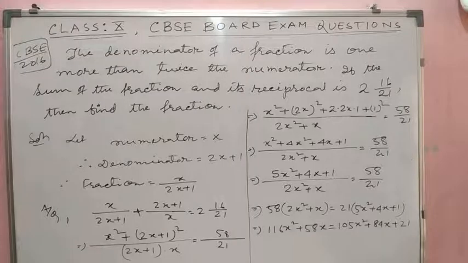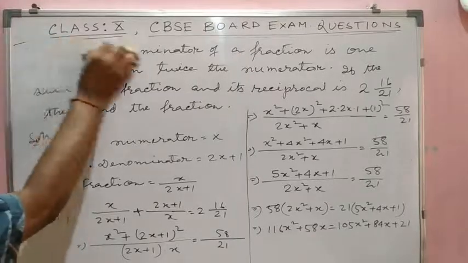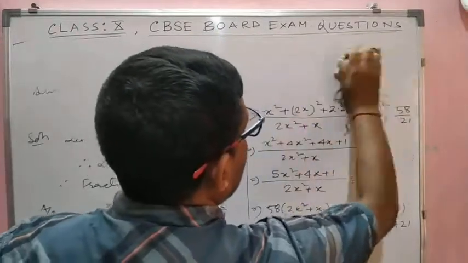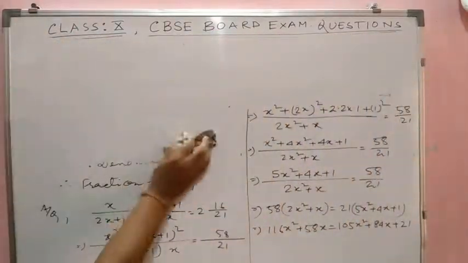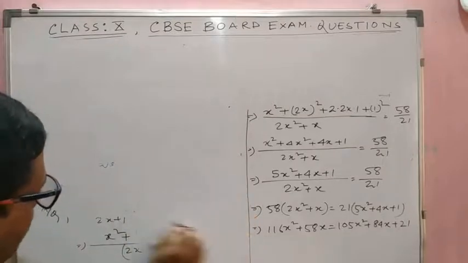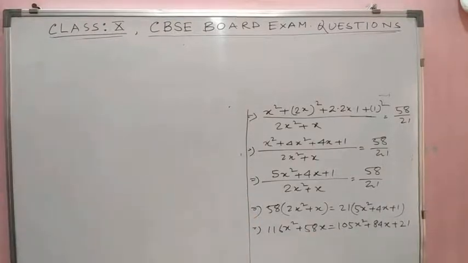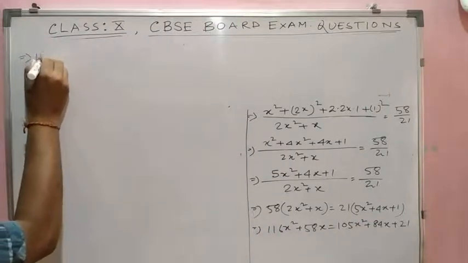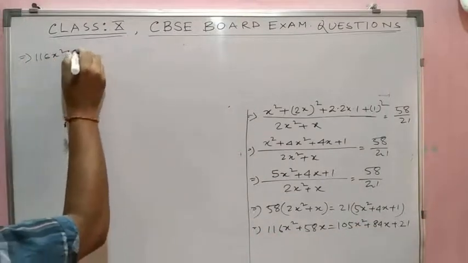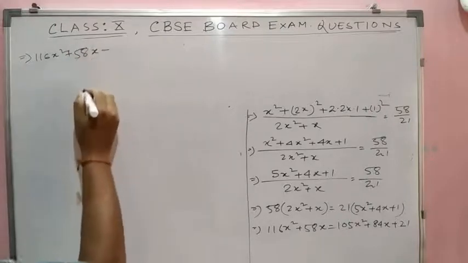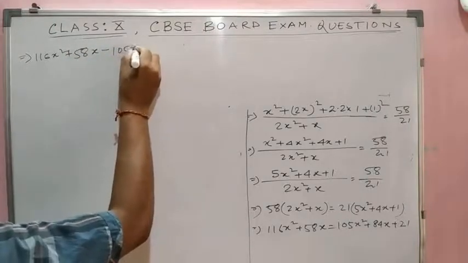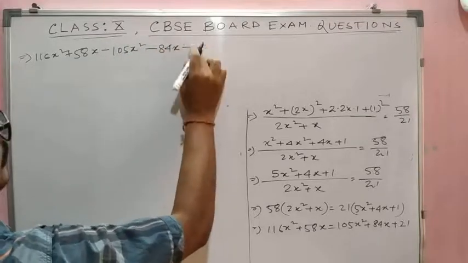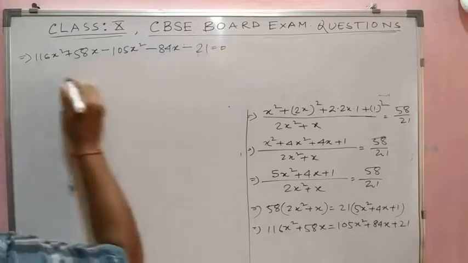Now let us transfer all this to this side. We get 116x square plus 58x minus 105x square minus 84x minus 21 equal to 0.